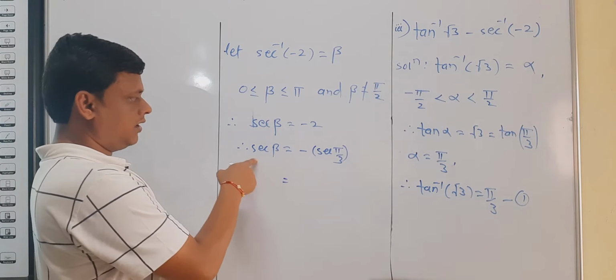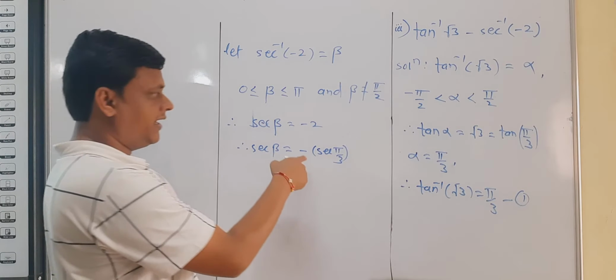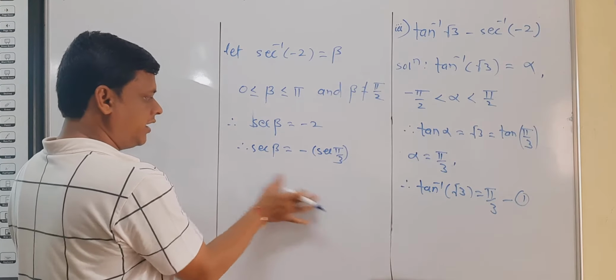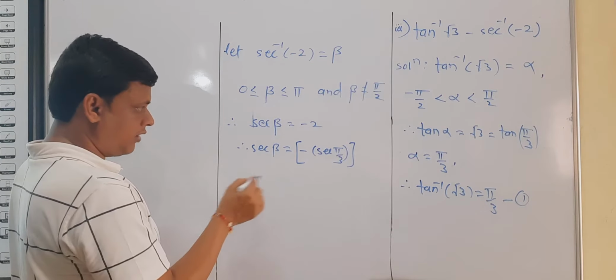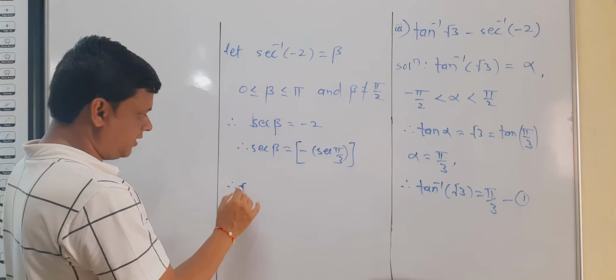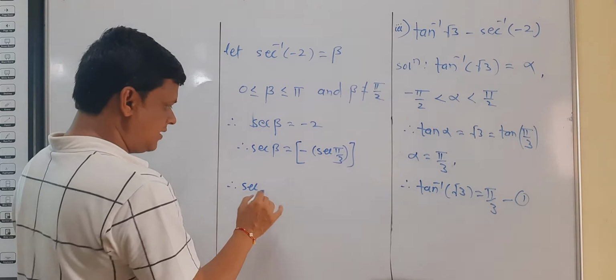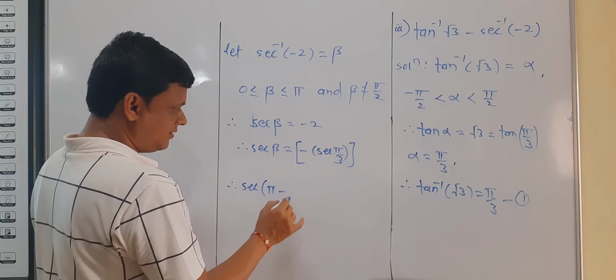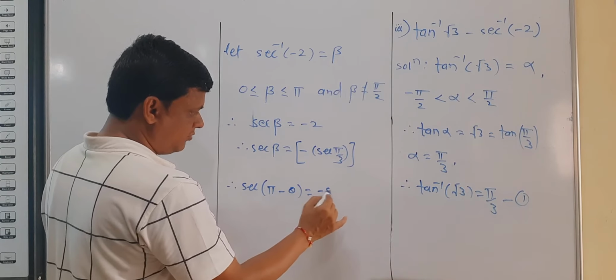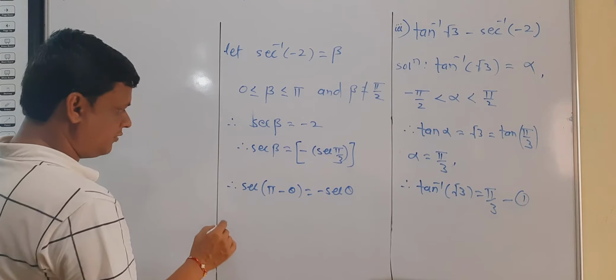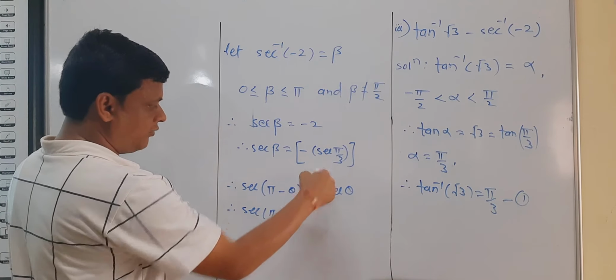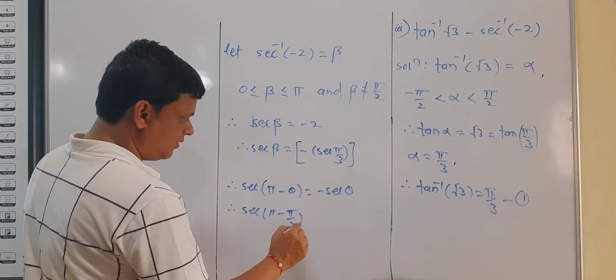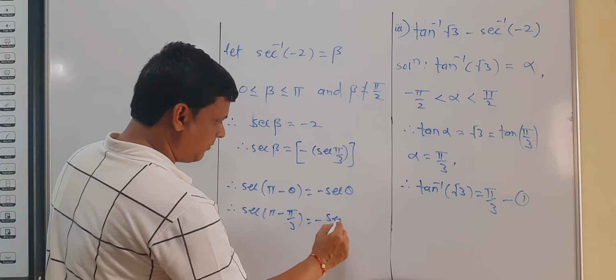Now, on the left hand side the sign is positive, on the right hand side the sign is negative. So I have to reduce this minus sign to positive. For that we have to use the formula: sec of pi minus theta is equal to minus sec theta. So we write sec of pi minus pi by 3 is equal to minus sec pi by 3.